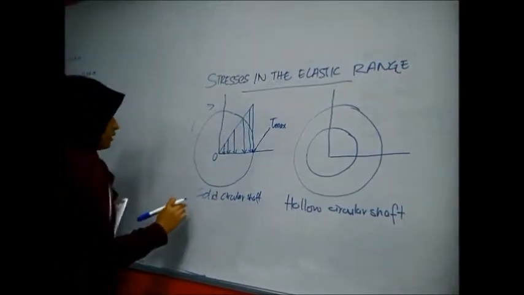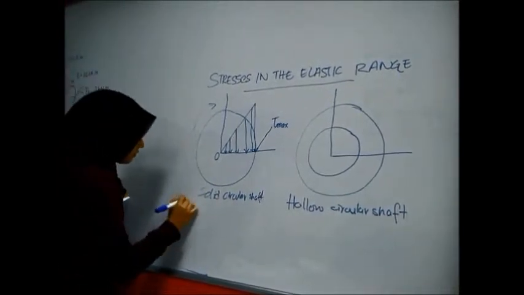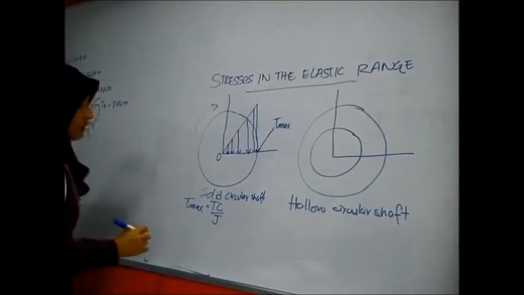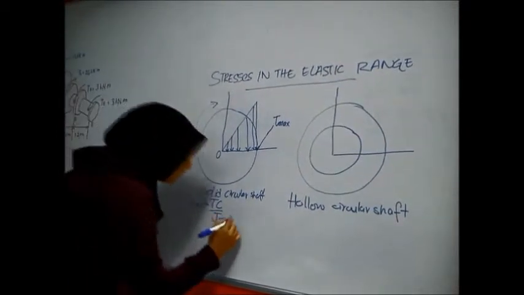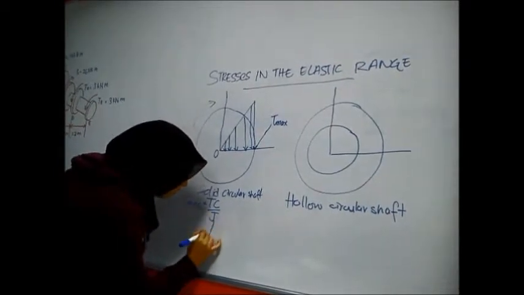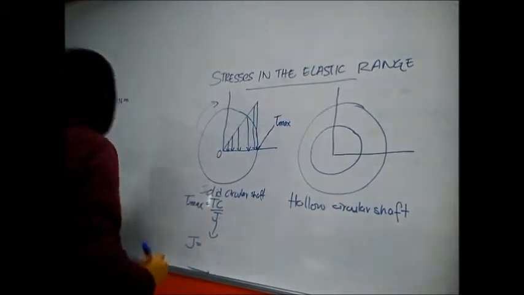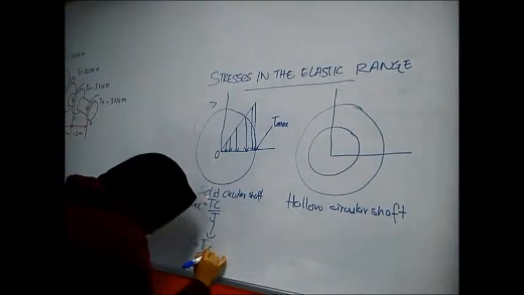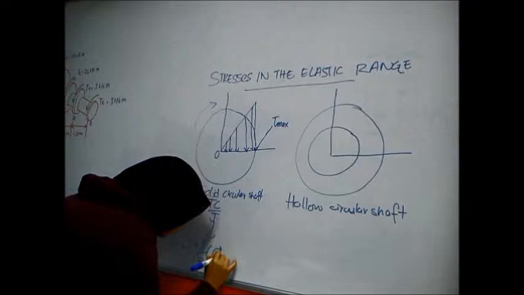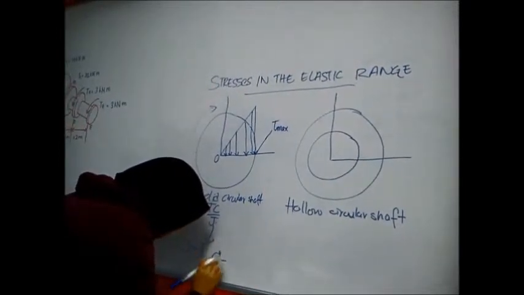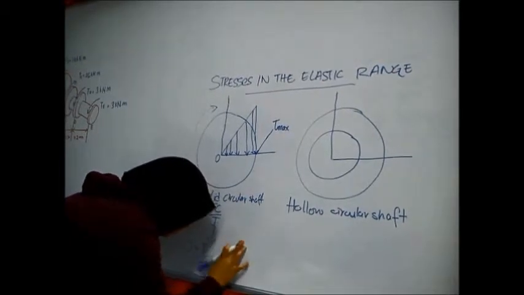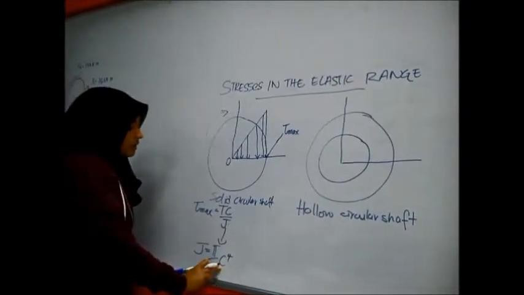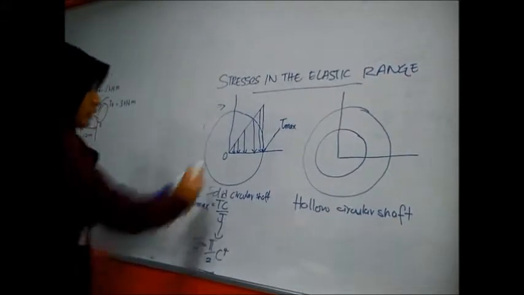To calculate the shear, you know that tau max is equal to Tc over J. J uses the formula pi over 2 times C to the power 4, where C is the radius of the shaft.